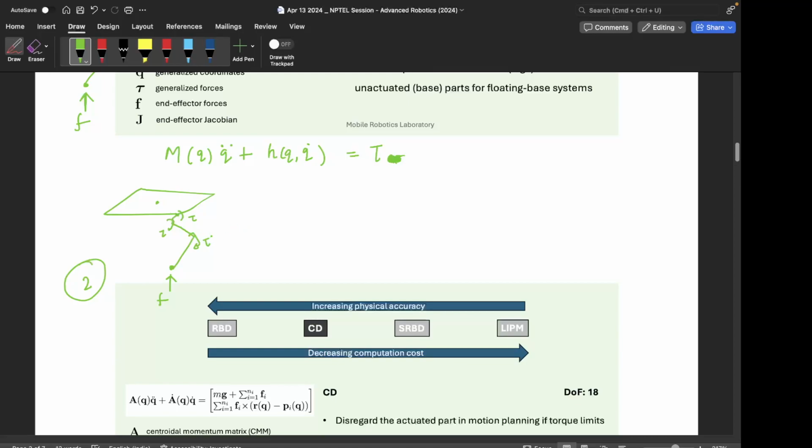Now, so this is one view of the system, right? And torques are also appearing here as the actuations. Now if we look at this system like this, that I have the robot, and I take this entire thing as a system, on which I have forces acting, right? Forces acting.